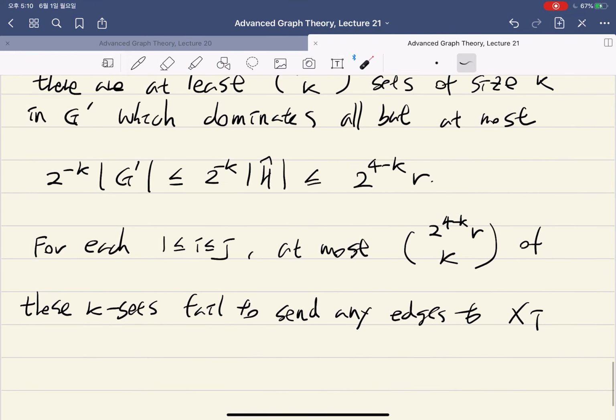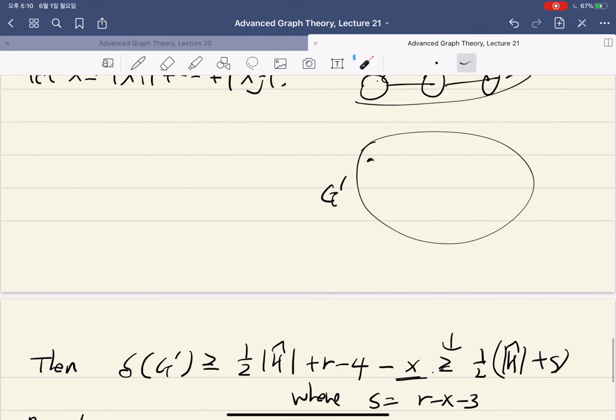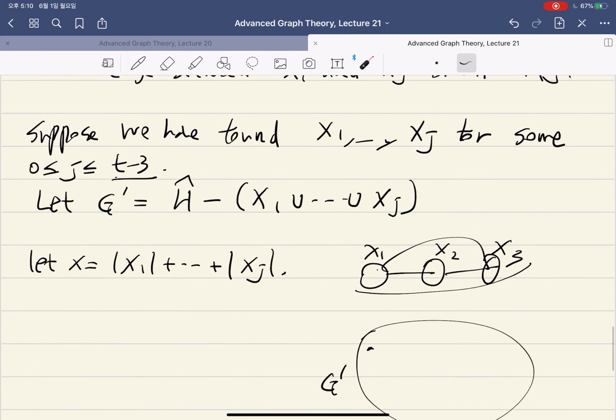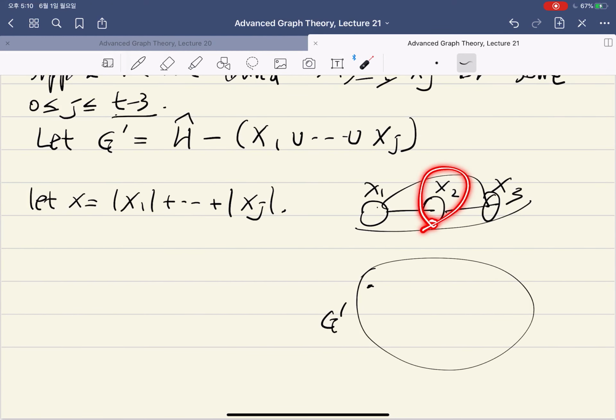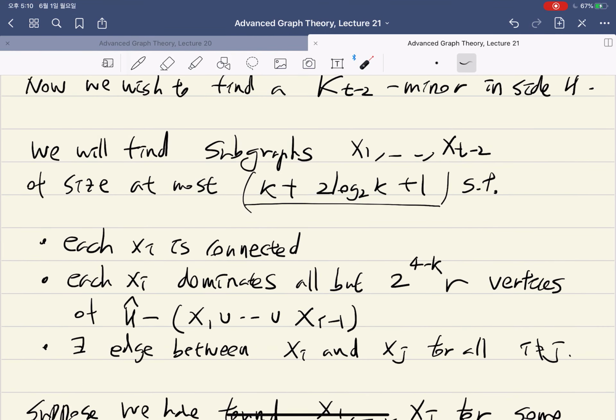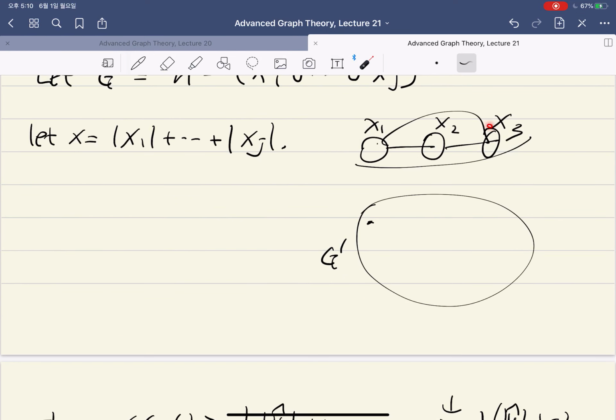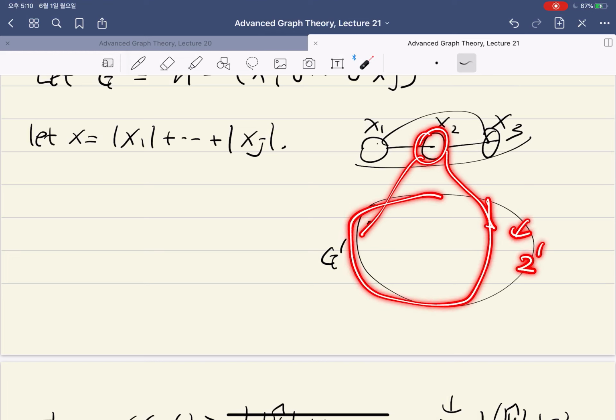So for this xi, the number of vertices it does not dominate in here is at most 2 to the 4 minus k times r. So that means even after taking x3 out, it still dominates many vertices except at most 2 to the 4 minus k times r vertices.